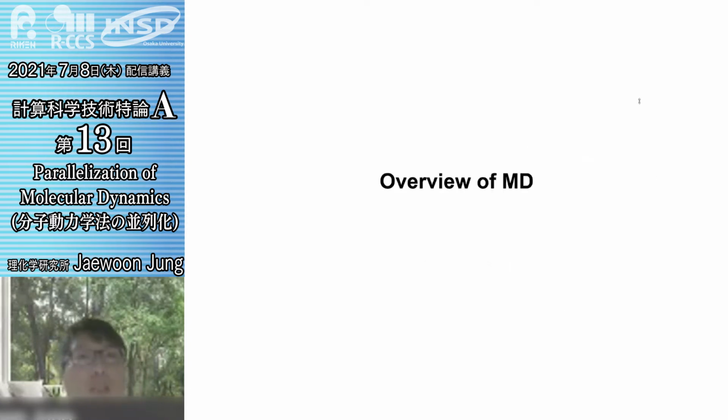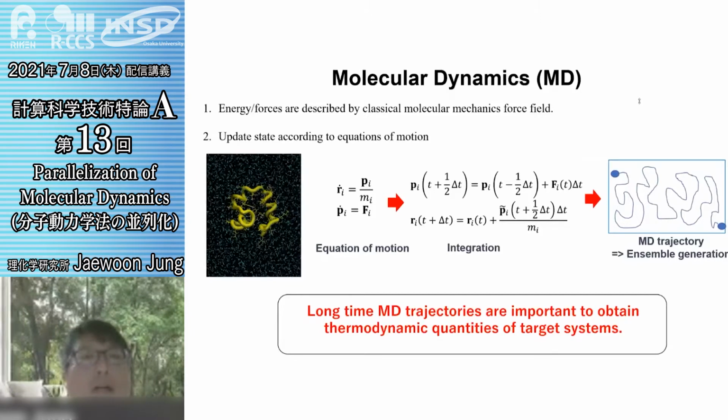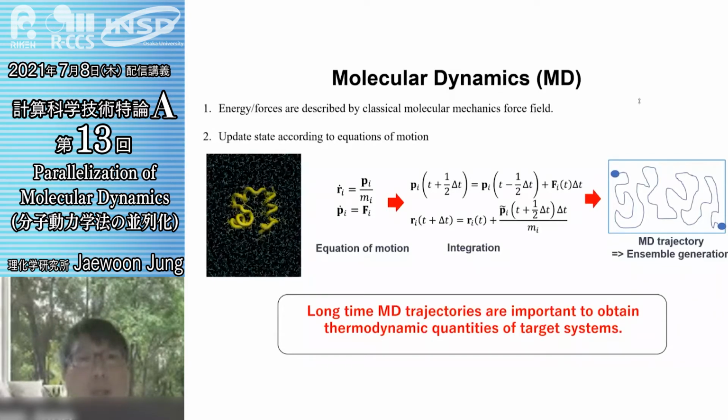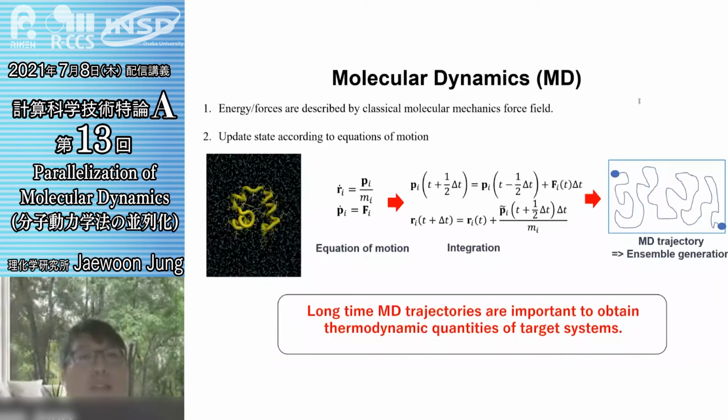First, I'll briefly explain MD. What is MD? And what is the main problem in MD? In molecular dynamics, we first describe energy and force from a classical molecular mechanics force field. For each atom, we predefine the parameters related to the force and energy calculation.